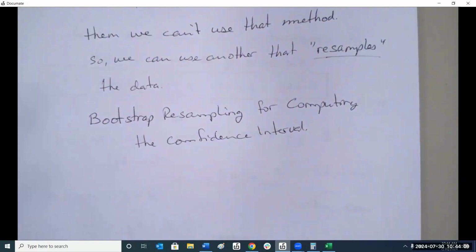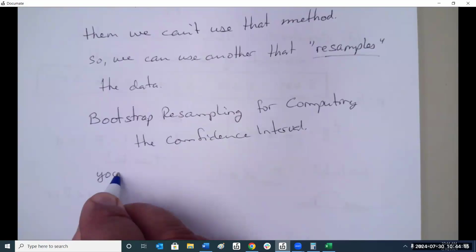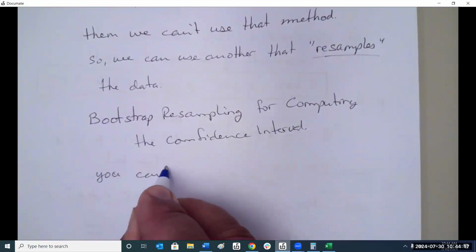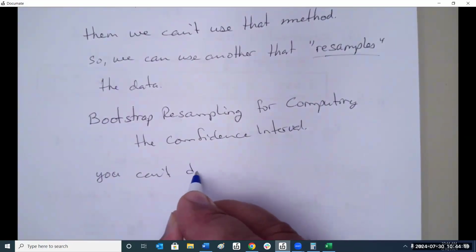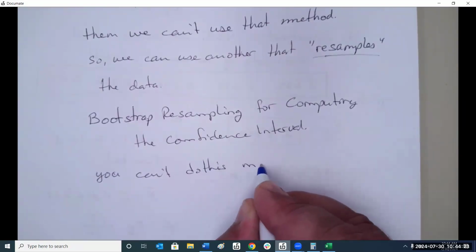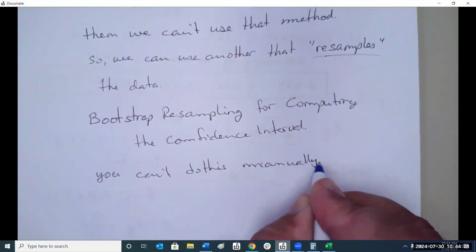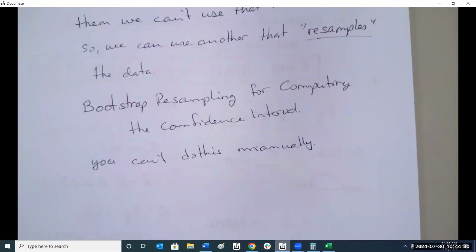So for this, you can't really do this manually. You have to use some sort of technology.